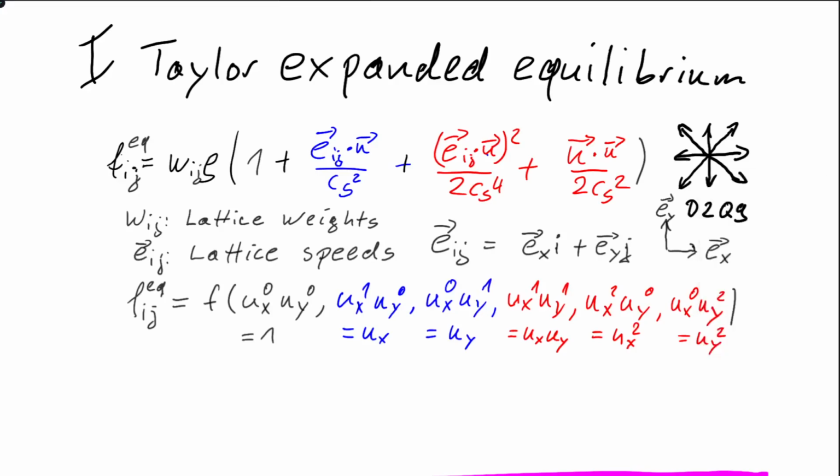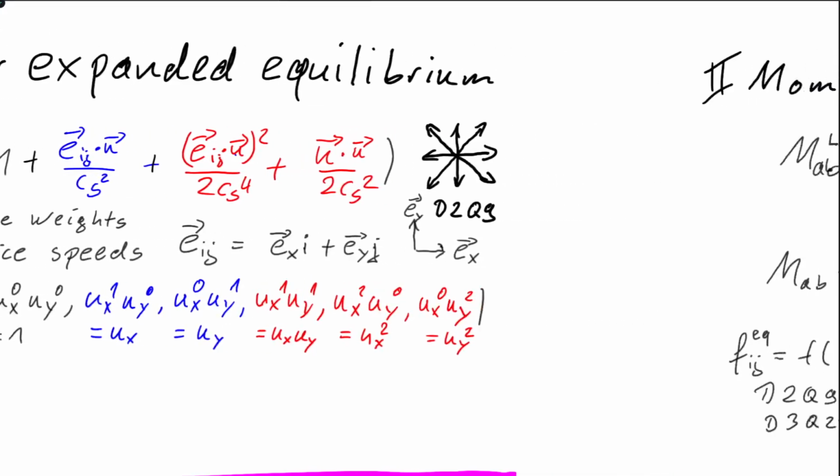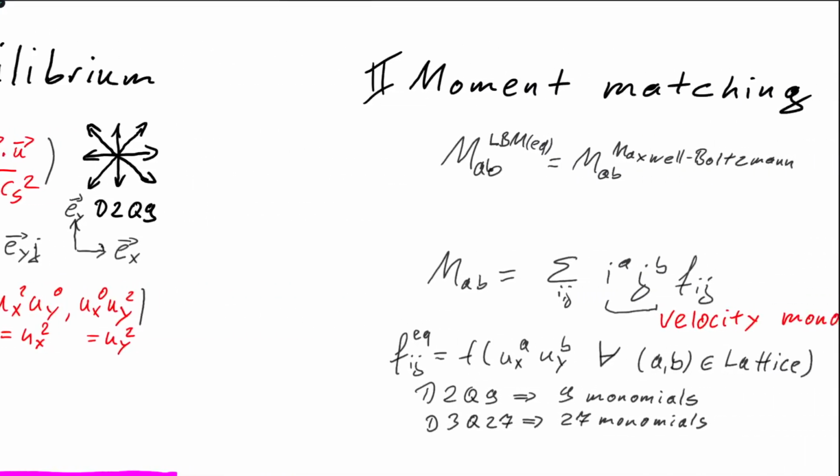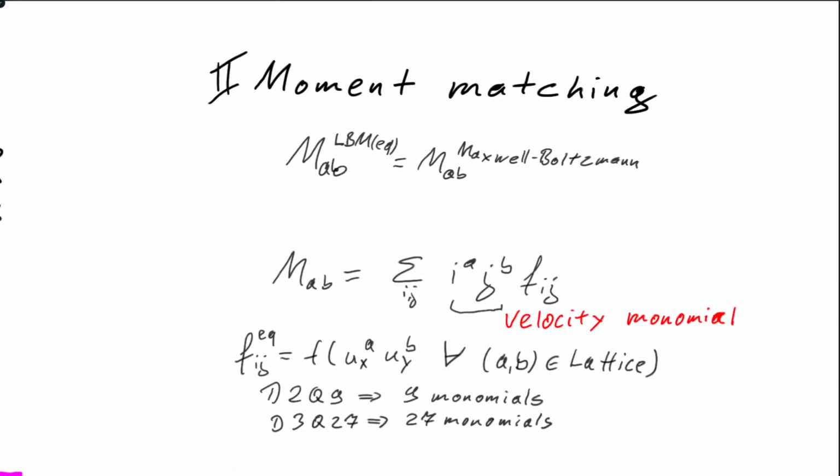However, as you see, we have 9 speeds, and we have only 1, 2, 3, 4, 5, 6 different velocity monomials. So when we use moment matching, we can use one monomial for each moment that we add.